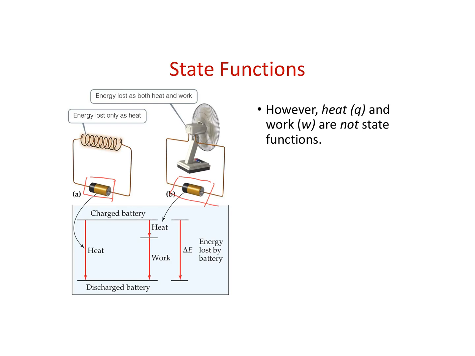That's going to perform work, so it's going to lose energy through work. It'll also generate heat as well. At the end of the day, the change in energy from those batteries is the same. The amount of heat and work produced differs, and that's because heat and work depend on the path.